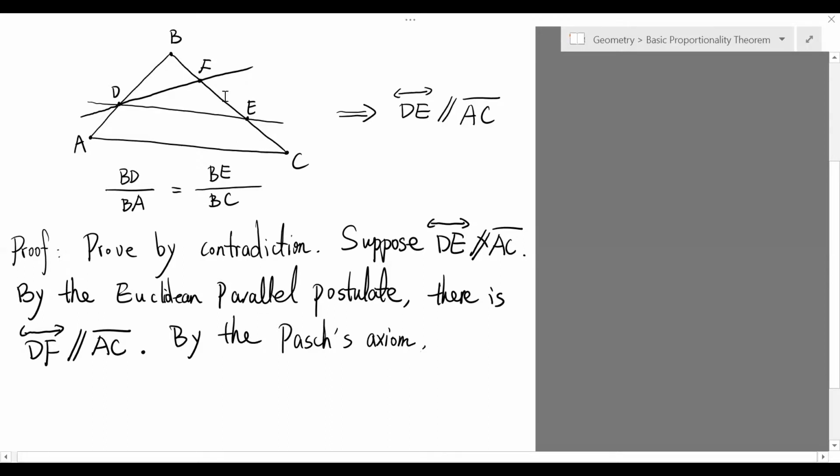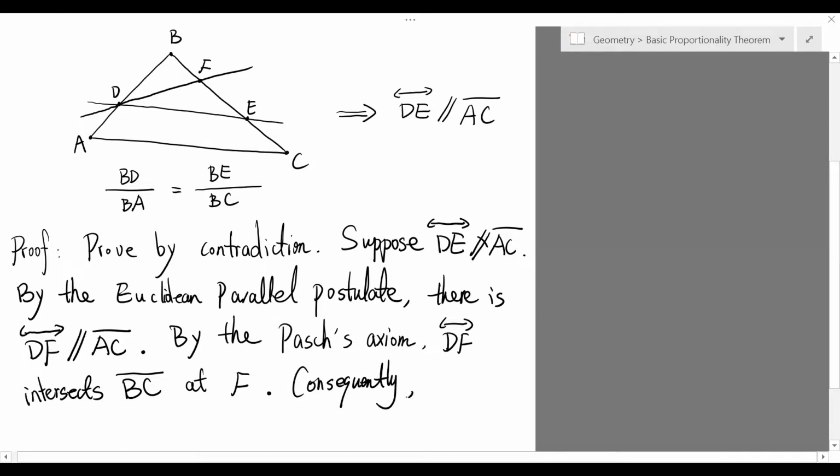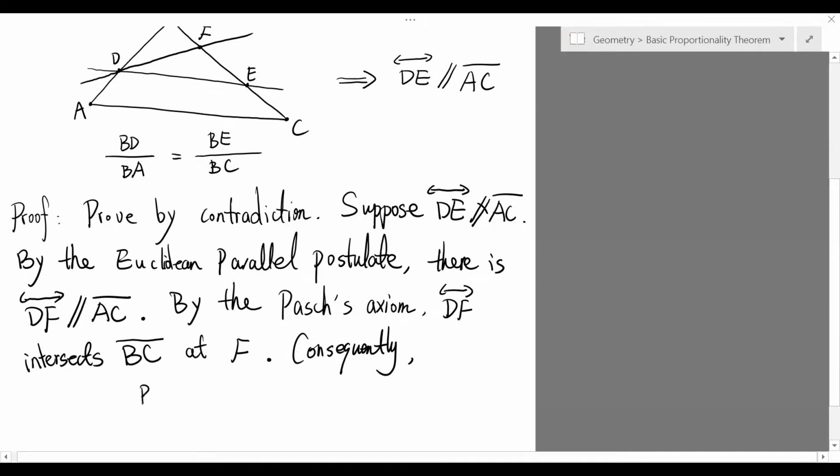In other words, by Pasch's axiom, DF intersects BC at, say, F. Consequently, according to the last theorem, we must have the following result, which is BD over BA equal to BF over BC.